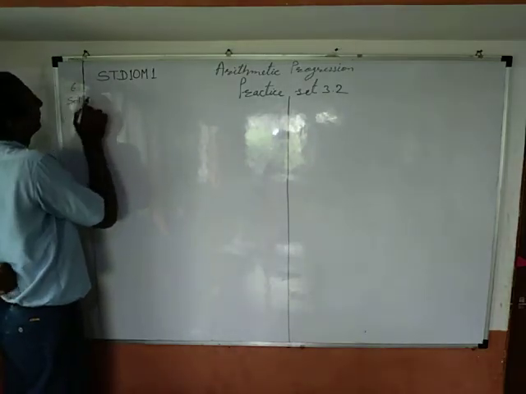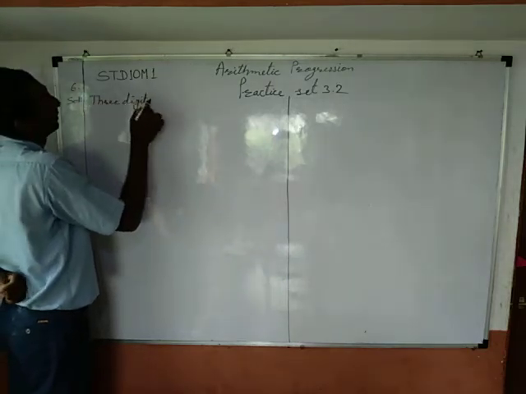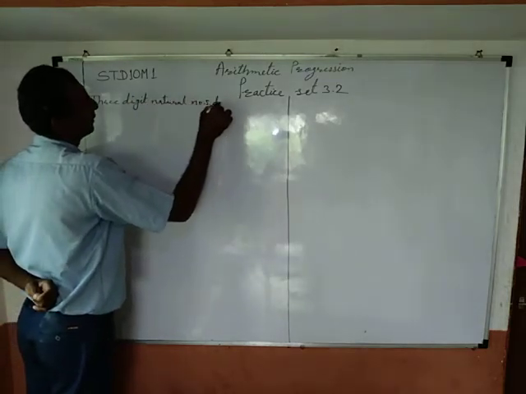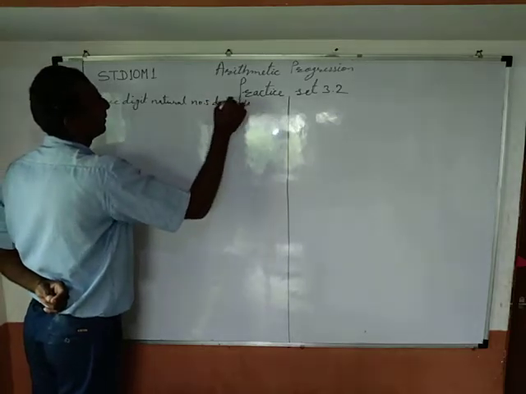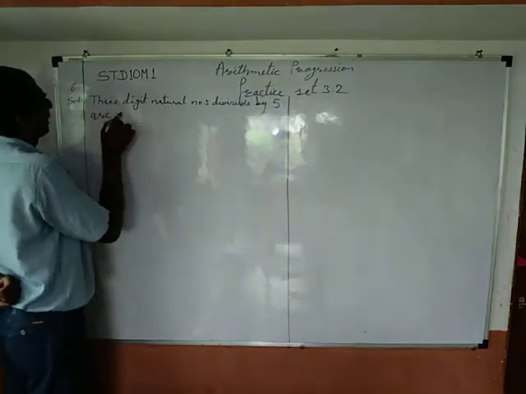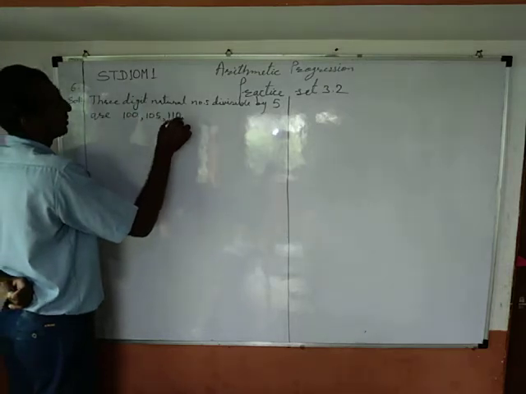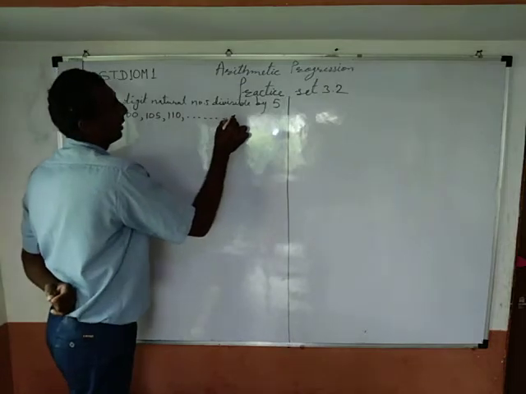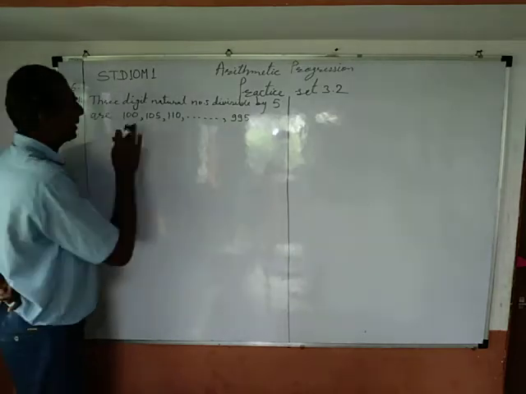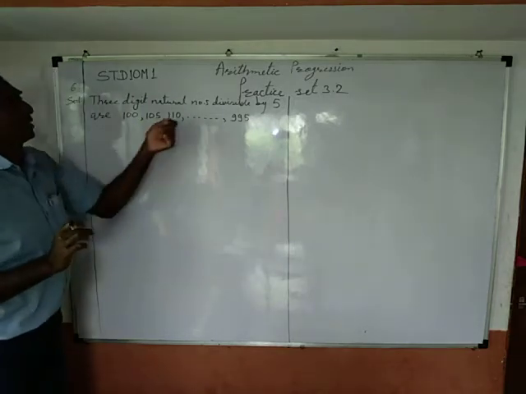Solution. 3-digit natural numbers divisible by 5 are 100, 105, 110, so on up to 995. You may note there is a difference of 5 between any two consecutive 3-digit natural numbers divisible by 5.